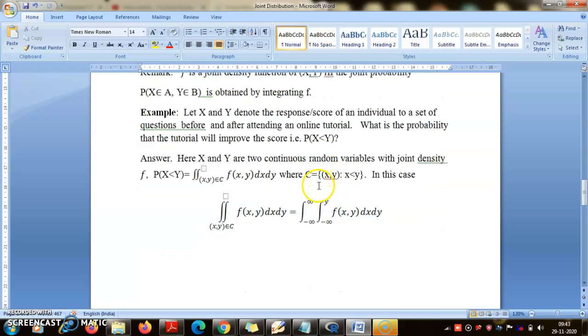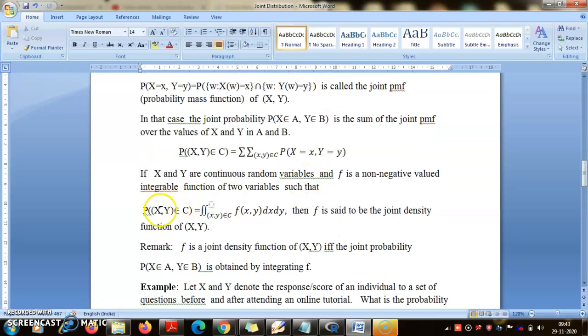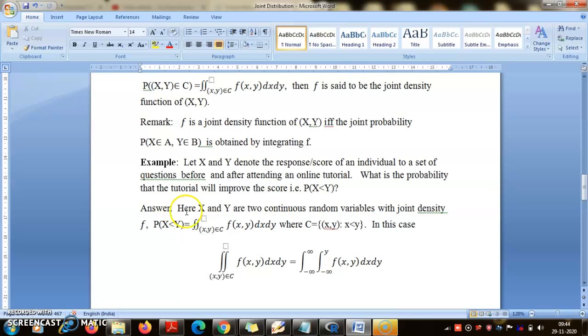So in this case, you are interested in a joint probability that (x, y) is in C, where x denotes the score before and y denotes the score after the tutorial. And what is this set C here? C is the set of points where the first coordinate is less than the second coordinate.